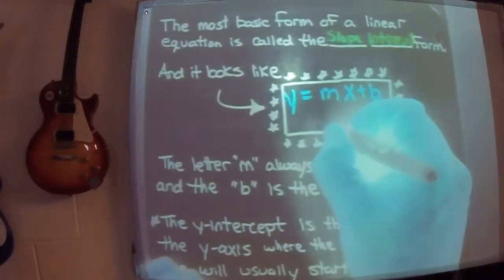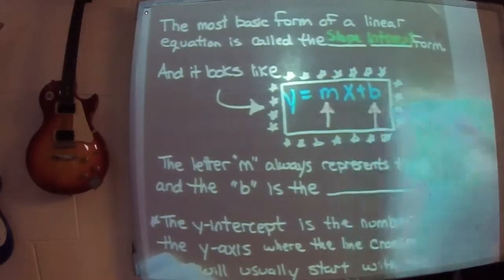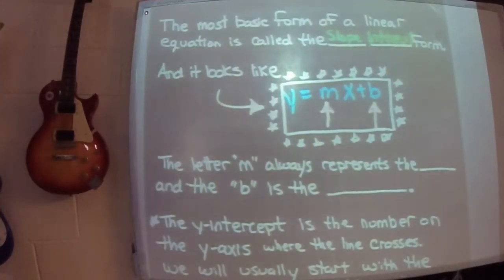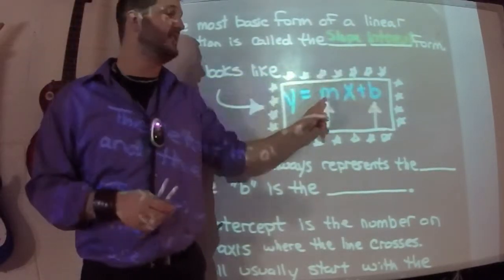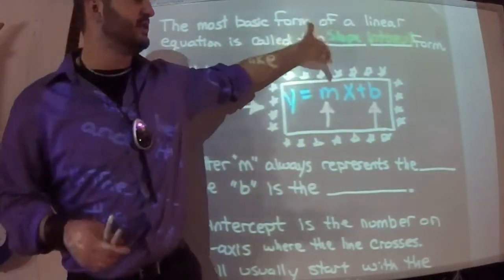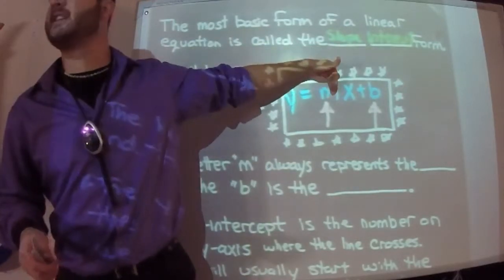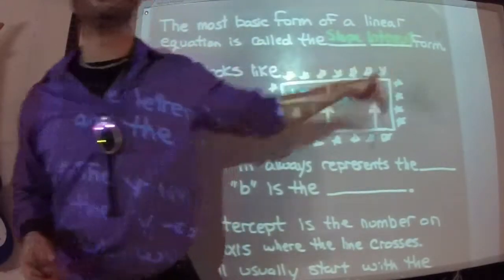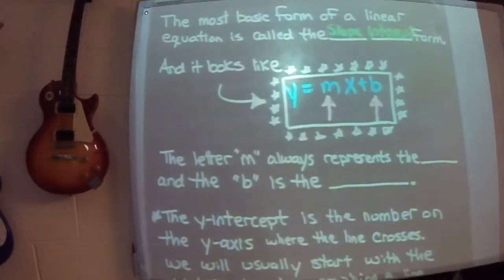I put little arrows under the m and the b. The reason I have you put those arrows is because you won't see an m or a b in your equation. These are where the numbers go. So you will see y equals 5x plus 2, or y equals 2/5 x minus 4. Numbers will be in the m and b spots.